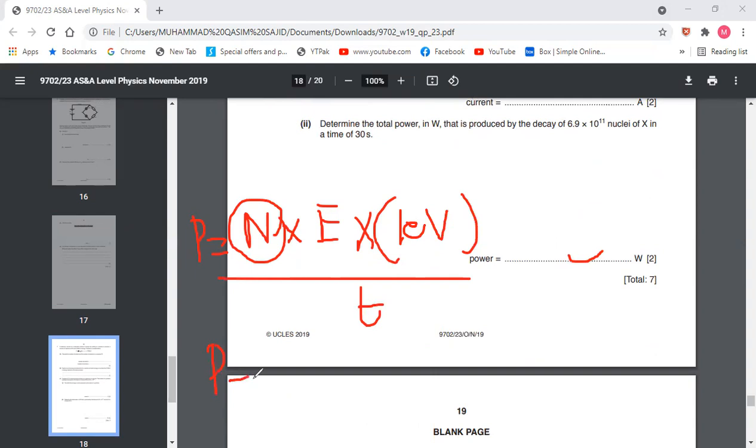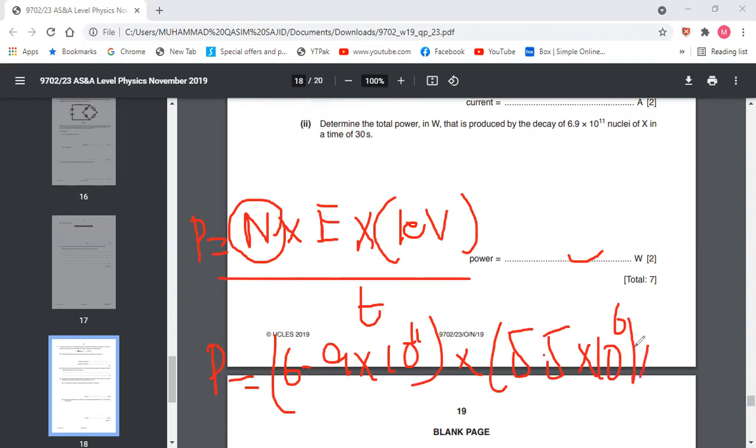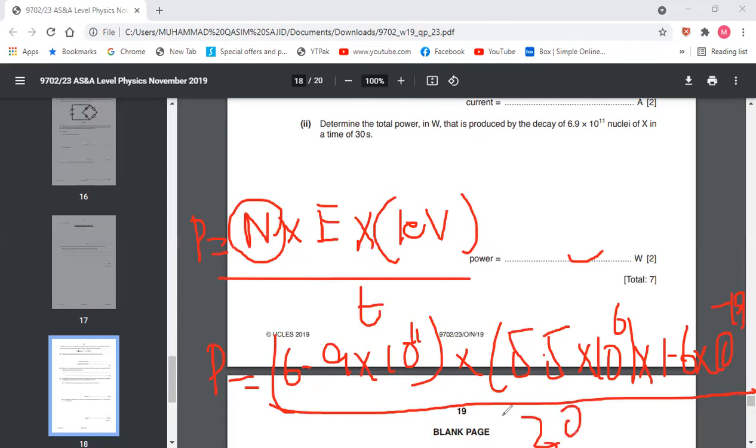So P equals, the value of N is 6.9 into 10 to the power 11, the value of E is 5.5 mega, so mega means 5.5 into 10 to the power 6, into 1 electron volt, which is 1.6 into 10 to the power minus 19, divided by the time. Time is 30 seconds. Kindly calculate it.